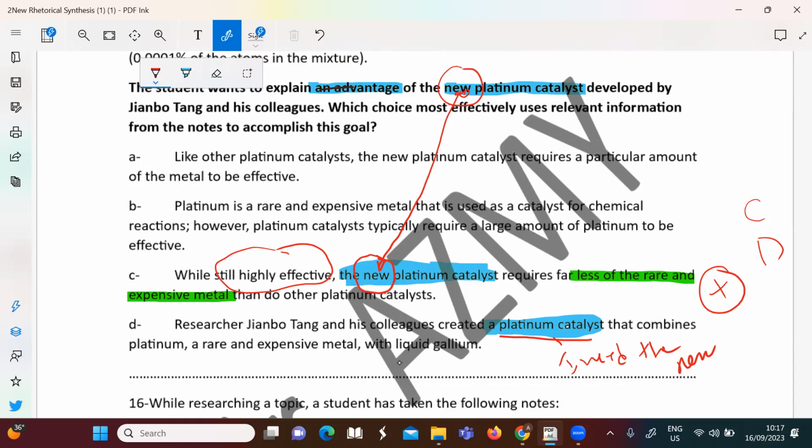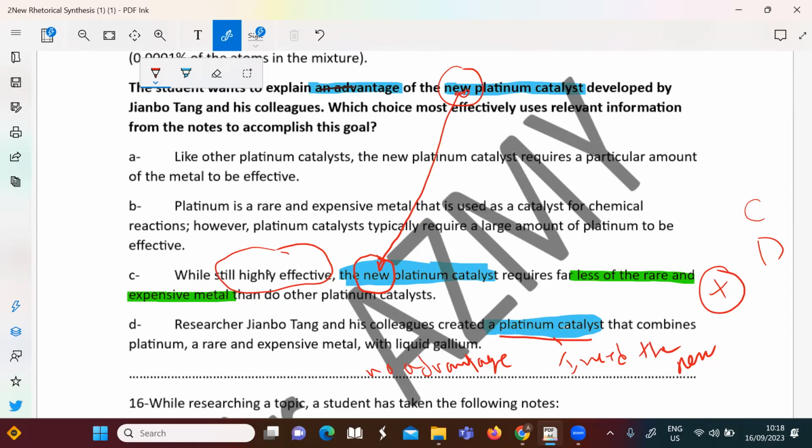Where is the advantage here also? There is no advantage. He just explained how the platinum catalyst works by combining a rare, expensive metal with gallium. Where is the advantage? There is still no advantage here, but the advantage in C is that it works while requiring less expensive metal, and at the same time it's still highly effective.